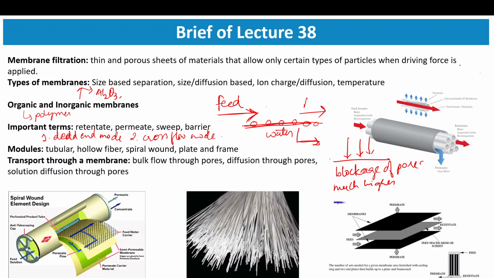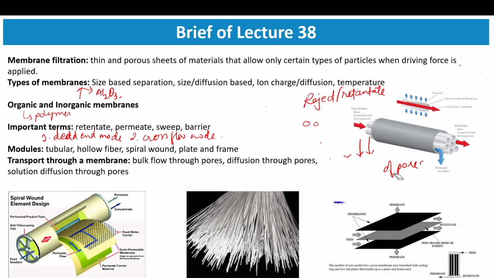So this is known as the reject or retentate stream, while this is known as the permeate stream, which is pure or purified water. And these membranes are nothing but a barrier, which provides a hurdle for the pollutant to pass through, right?